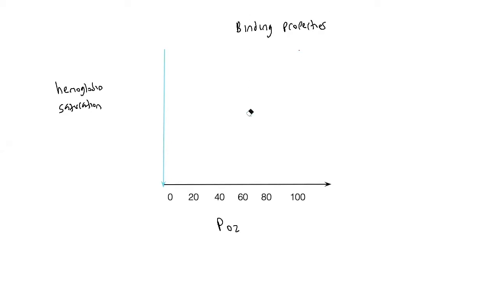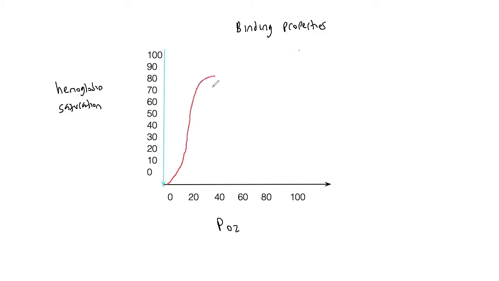And if we look here, it's going to have a curve like this. So the great thing about hemoglobin's ability to bind oxygen is that even in low partial pressures, it can bind a significant amount of hemoglobin.